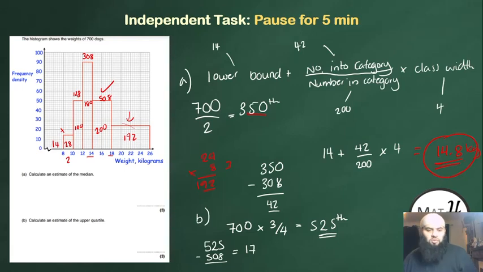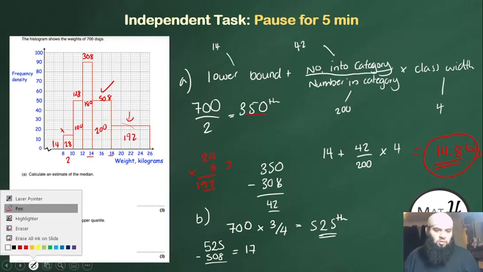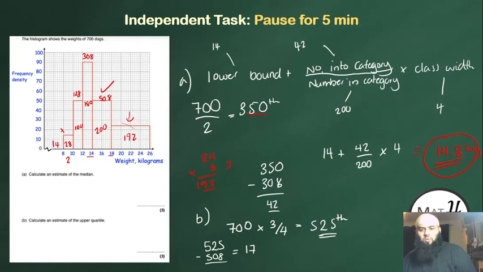Our equation would be as follows. We have the lower bound over here, which is 18, plus the number into category, 17. The number in the category is 192, and the class width is 8, times 8. When you put this into a calculator, you should get the answer for the upper quartile.